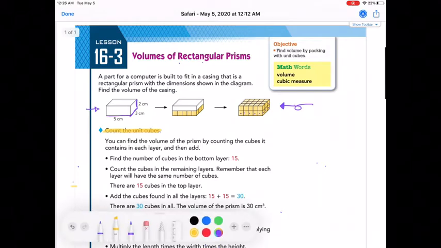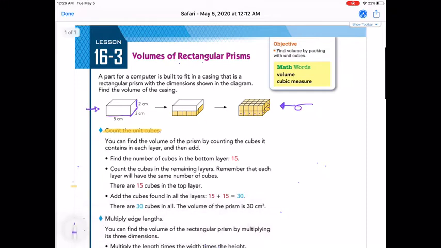You can find the volume of a prism by counting the cubes it contains in each layer and then adding them together. So let's find the number of cubes in this. It's easiest, obviously, with this one. The top layer is visible. So let's count the cubes on the top layer.